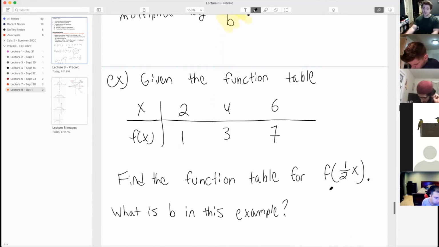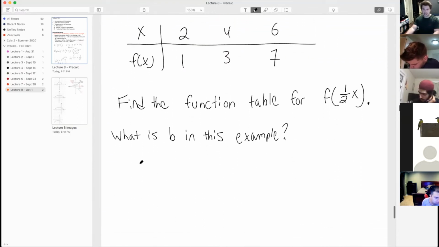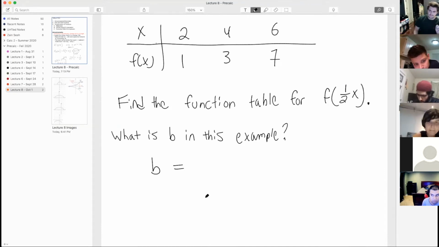Here I have f of 1/2 x. So what number here is playing the role of b? Would someone like to tell me b is equal to what in this example? 1/2. I heard a few people say something at the same time, so I couldn't hear. Is it 1/2? Yes, Vincent, exactly. Yeah, b is 1/2. Perfect.